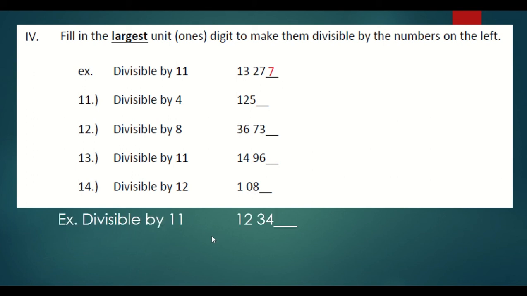Let's have another example. Divisible by 11 still. So, we have 12,340 blank. What do we put here? Just one digit to make it divisible by 11. So, we add the alternate digits. 1 plus 3 plus blank.